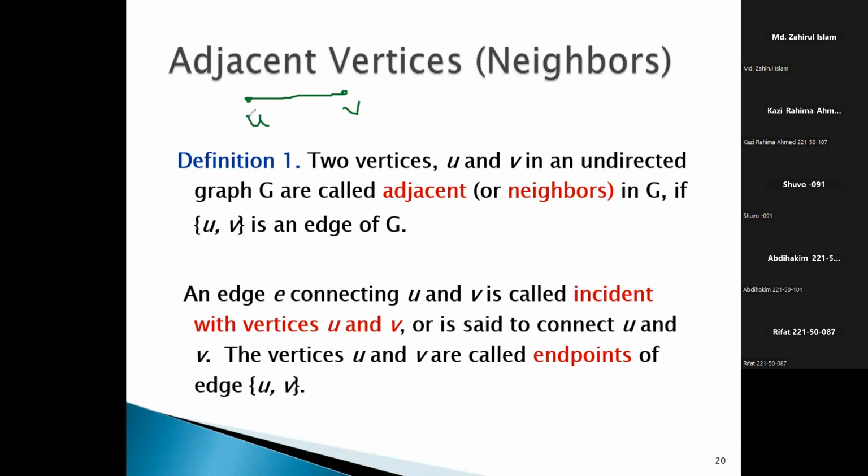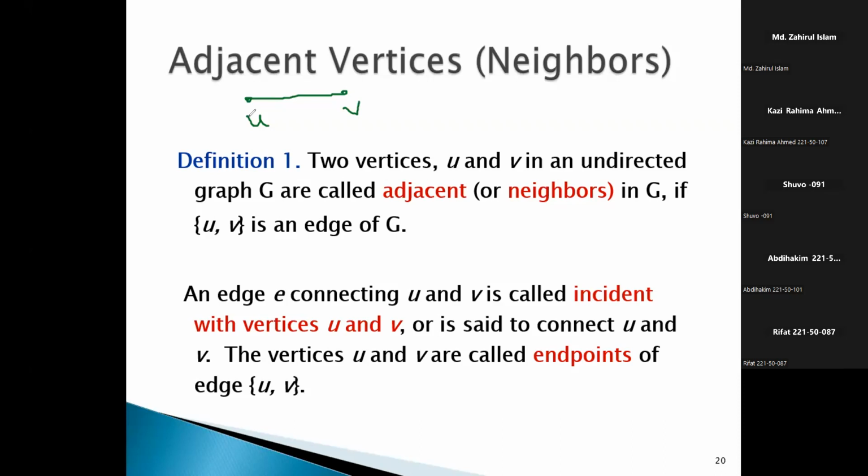Clear? Do you understand this? Yes, sir. So this is what we call the adjacent vertex or the neighbor.